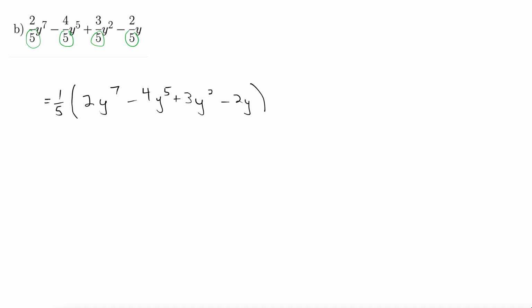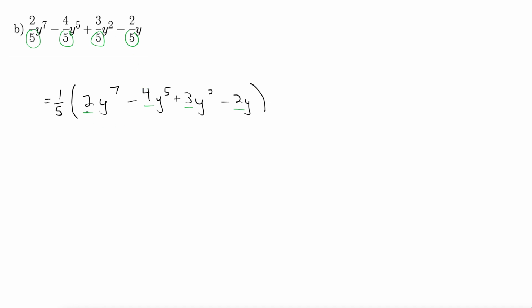Now let's look at the coefficients. We have 2, 4, 3, and 2. The only number that divides all of those is 1, so there's no number for the numerators that we need to take out as part of the GCF.